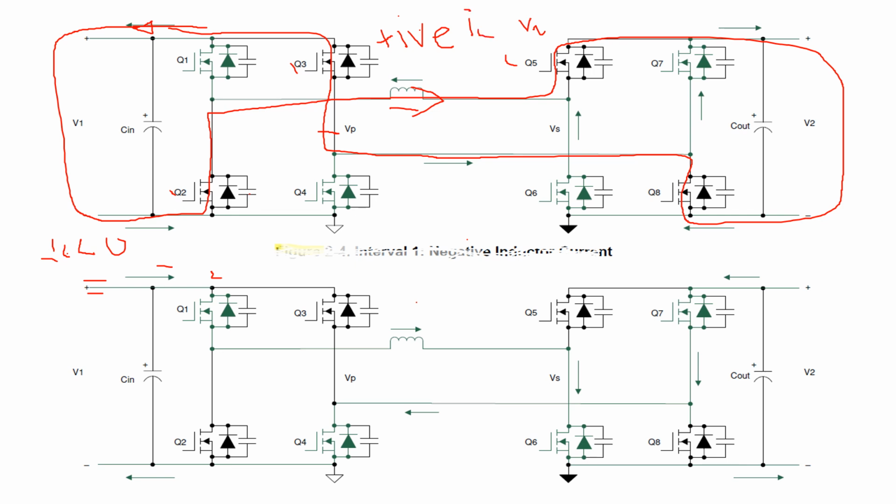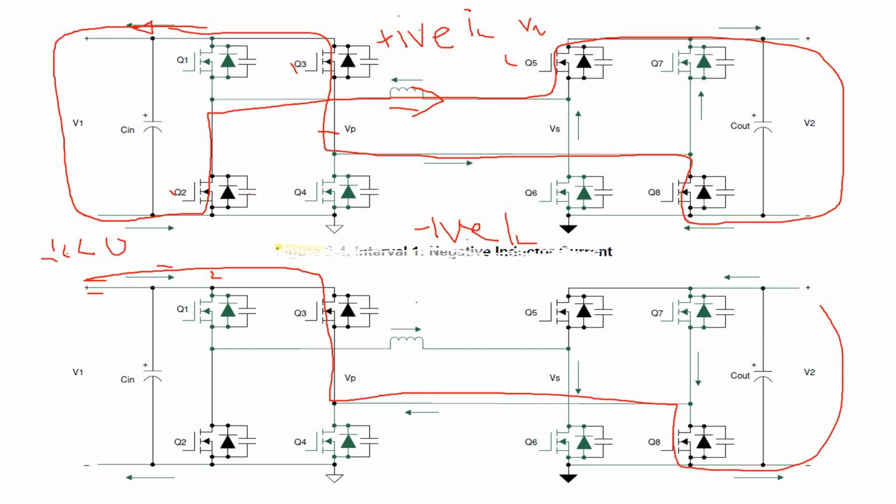For the negative inductor current, let's use this one. What happens is that the current comes this way, goes down to Q3, all the way down to Q8, goes down this way, up to Q5, comes this way, and then goes all the way here, down to Q2, and then goes this way.